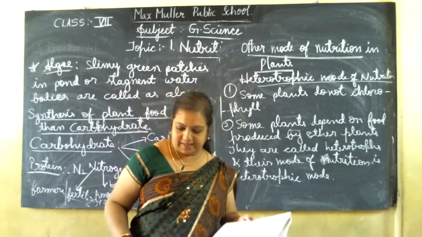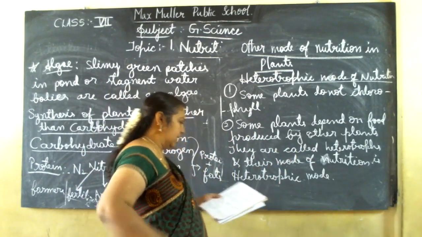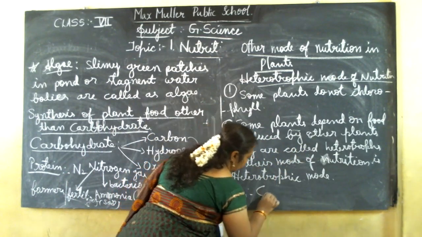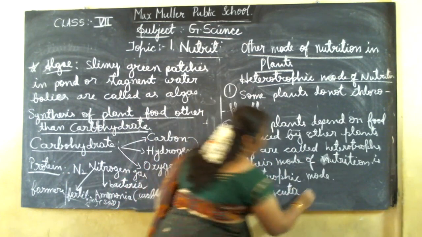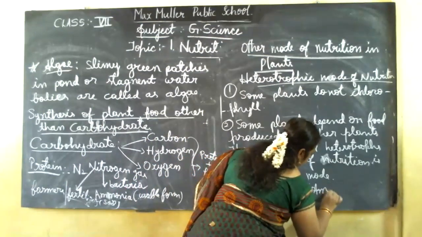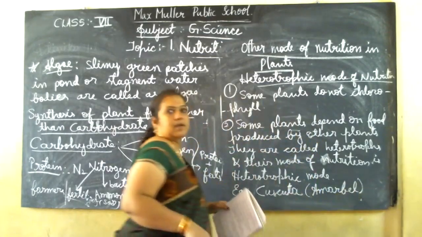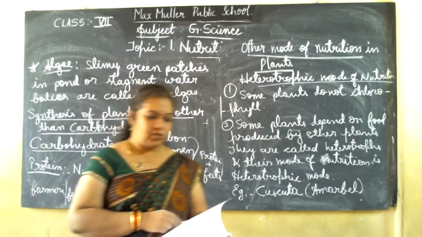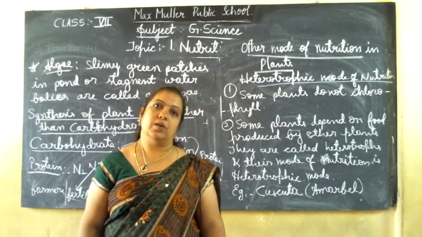Understand? See, for example, I am giving one plant, Cuscuta. This is also called Amarbel. This plant you can usually see in a park or wherever tall trees are.